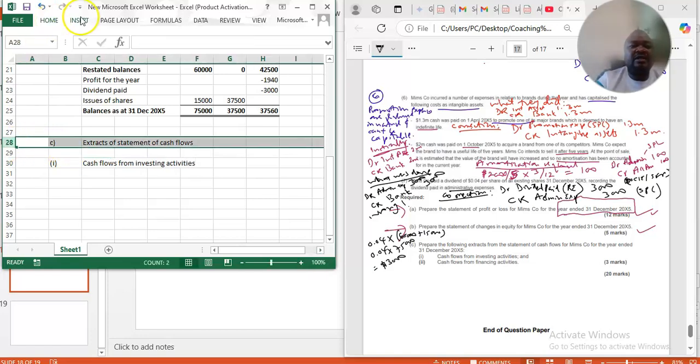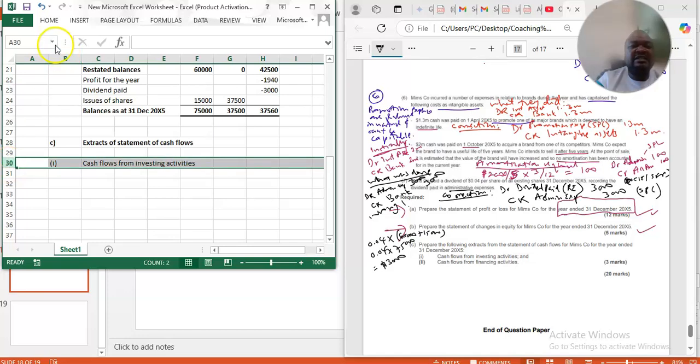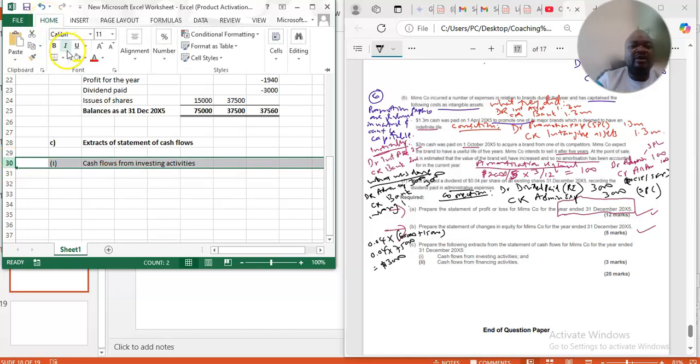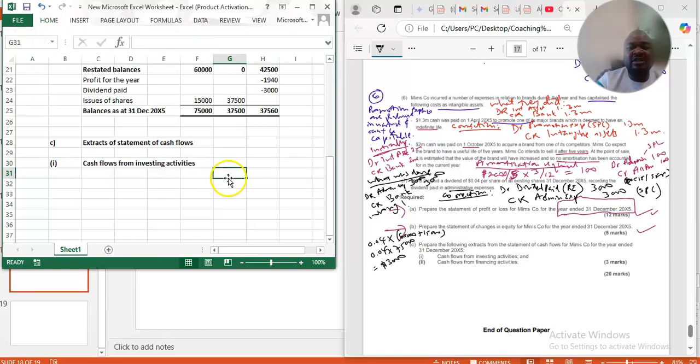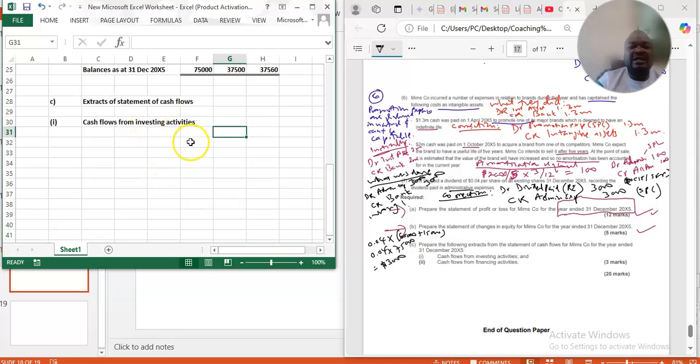You can as well do some formatting, but like I said, this is not an examination where you are going to exhibit your Excel skills. This is just an examination to show your understanding of accounting theory.